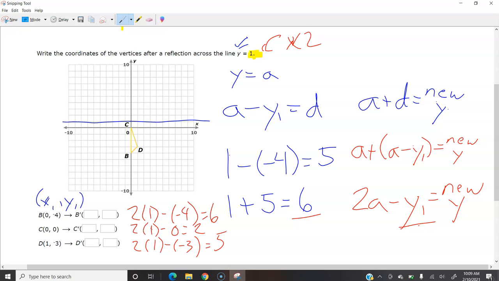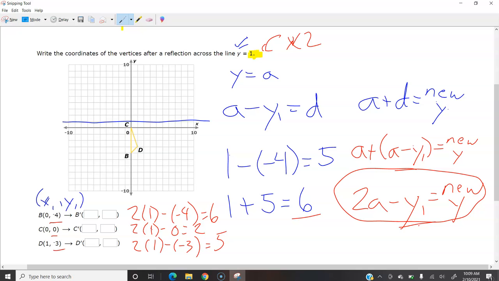Okay? Here is the equation that I kind of found. I was thinking about how we could make it into one equation instead of two separate ones, and this is how we can do it. You take whatever that letter's equal to, in this case it was y equals 1, multiply it by 2, and then you just subtract each one of your y values, okay?